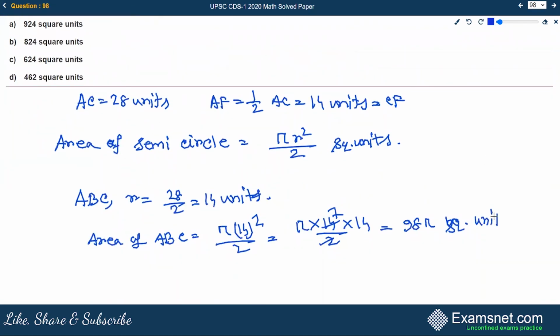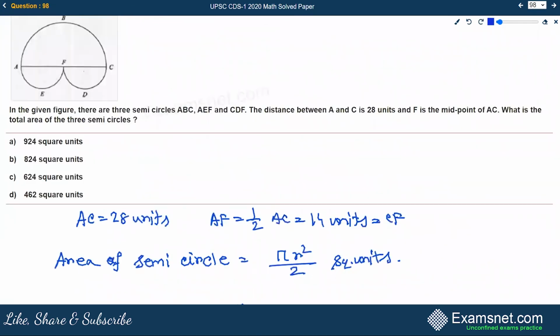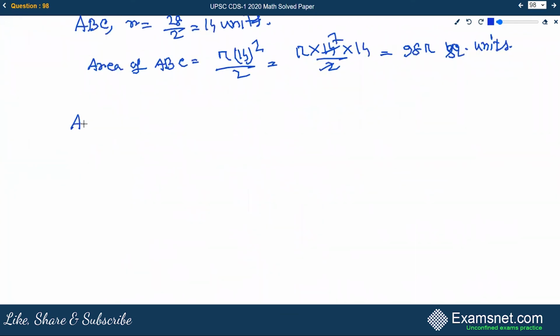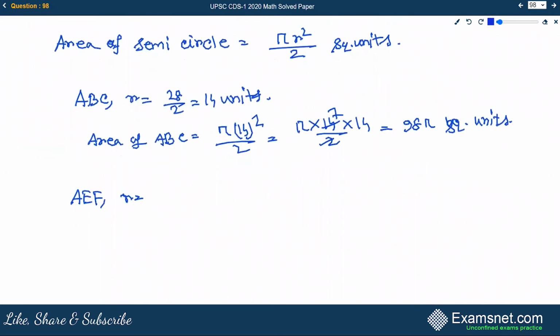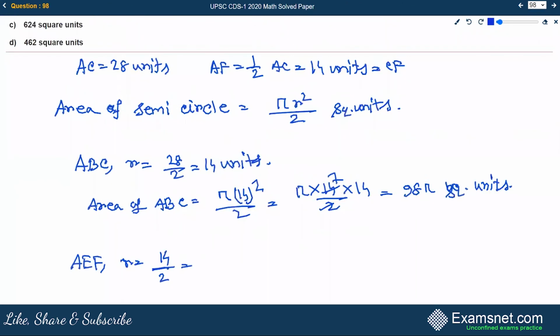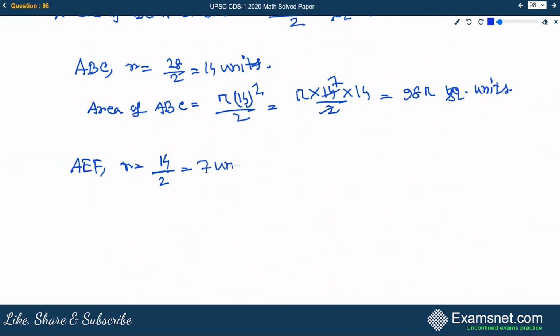Now for semicircle AEF, here r is, because AF is the diameter, correct? So r is 14 by 2, that is 7 units. Now the area of AEF is pi 7 whole square by 2.